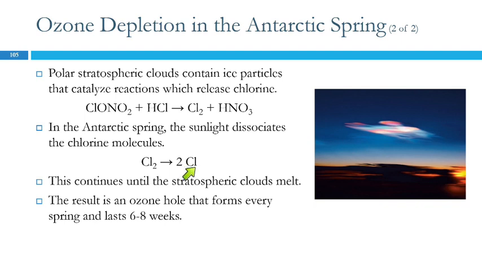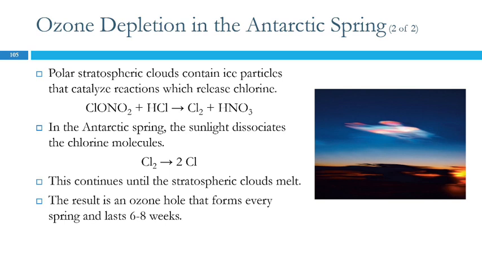Those chlorine atoms catalyze the destruction of the ozone. And so this is going to continue until the stratospheric clouds melt. The ozone hole appears every spring and lasts 6 to 8 weeks. It all has to do with ice particles in the clouds.